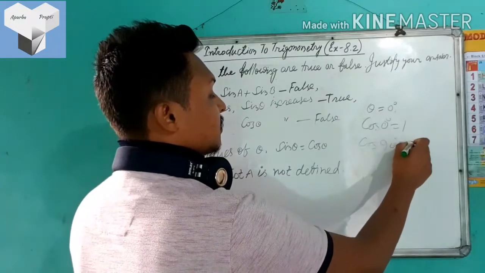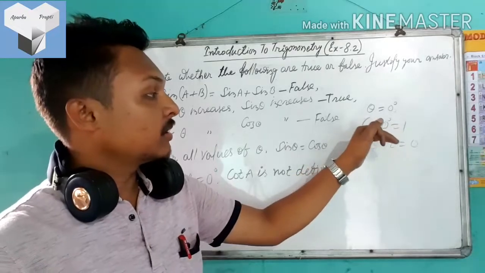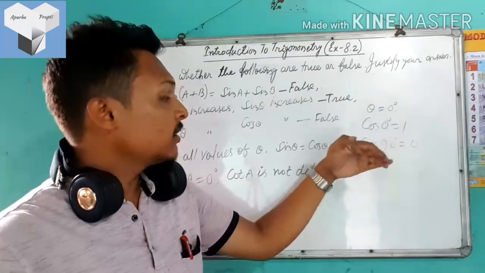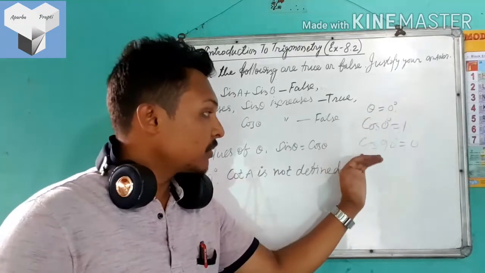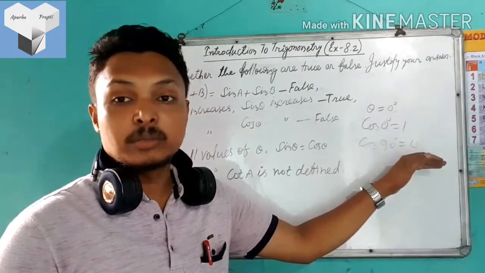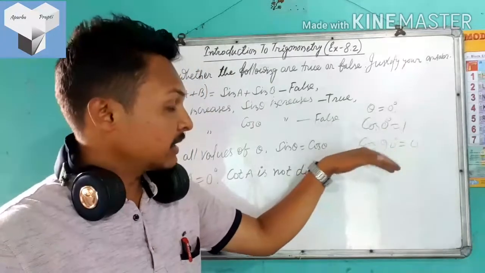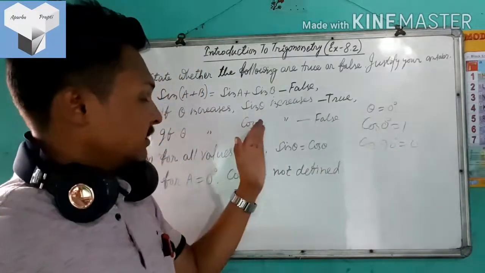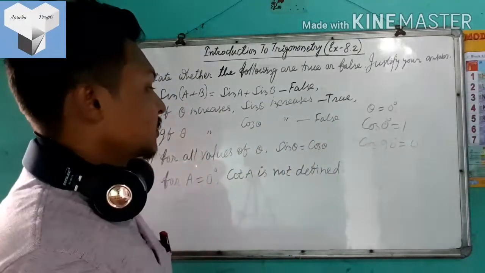Cos 90 degree is equal to 0. That means while theta was 0 degree, cos theta was 1, and when it increased to 90 degree, cos 90 degree becomes 0. That means it is less than 1. So when theta increases, cos theta decreases. So this is the false statement.